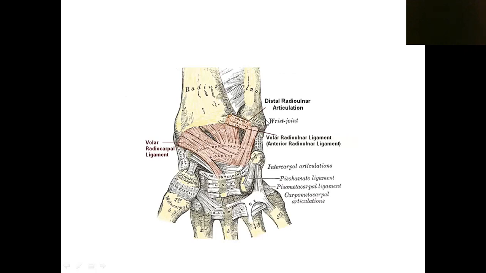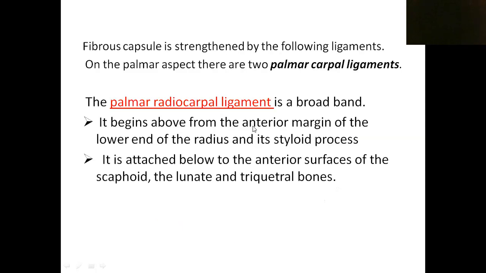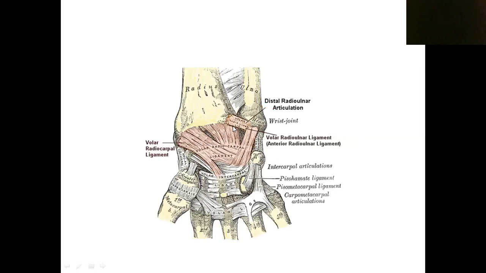Then the lower end of the ulna. So this is the anterior margin of the lower end of the radius.